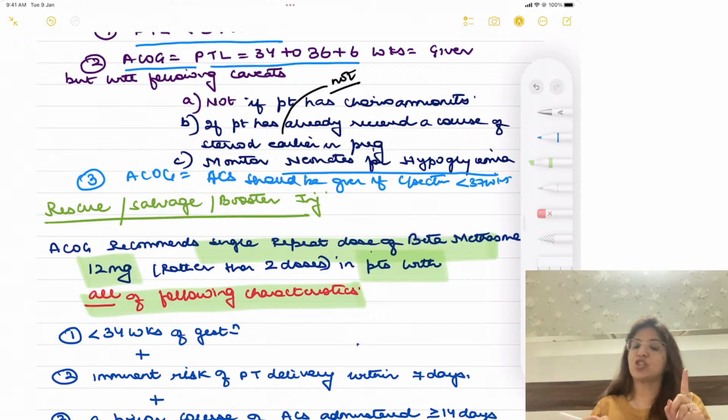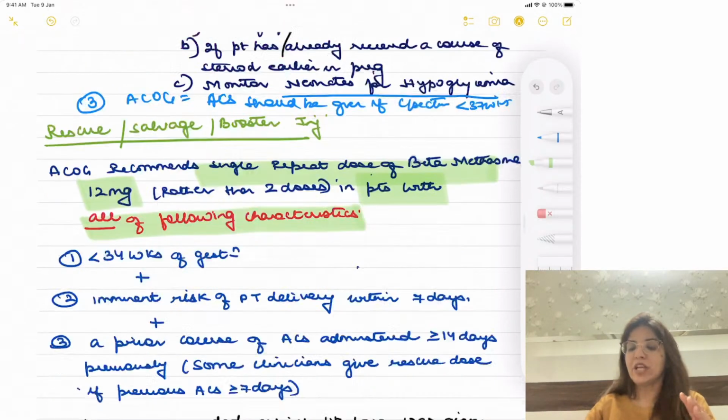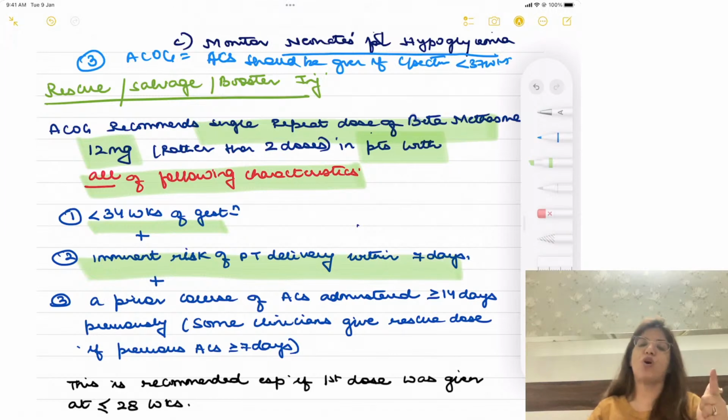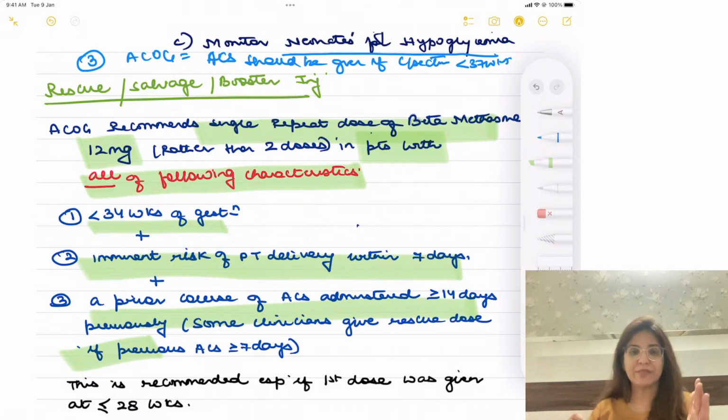And what are those three things which should be fulfilled? They should be less than 34 weeks of gestation, number one. Number two, there should be an imminent risk of preterm delivery within 7 days. And number three, the prior course of antenatal corticosteroid should have been given at least 14 days back, right?